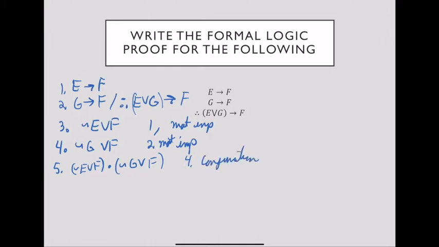And that may seem a little weird, but there's a method to my madness, because the next thing I'm going to do is use commutation on row 5 to have F or not E, and F or not G. Now I can kind of pull out an F using distribution.